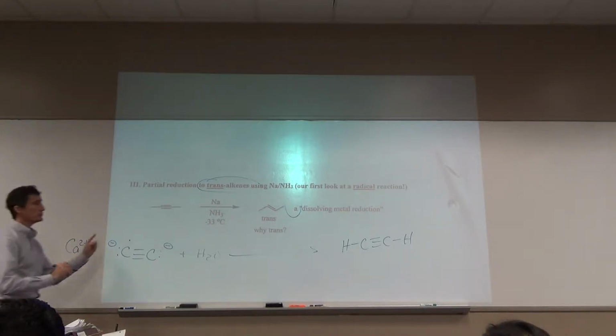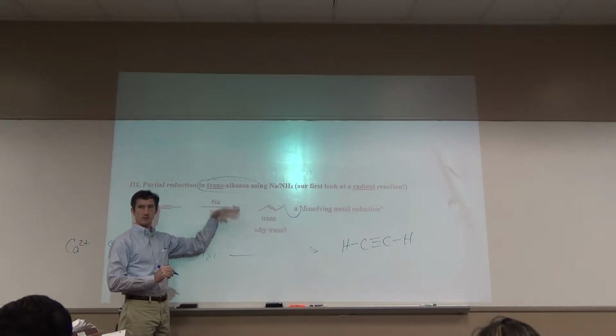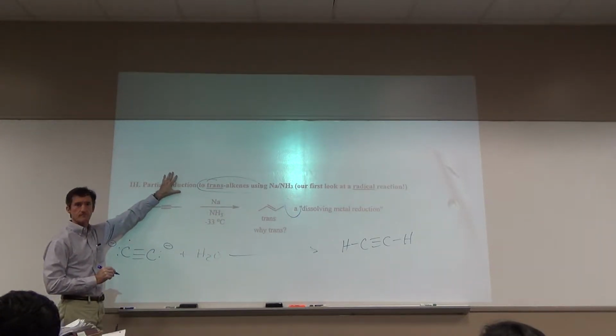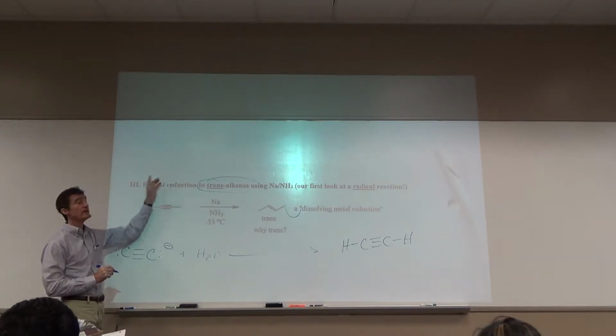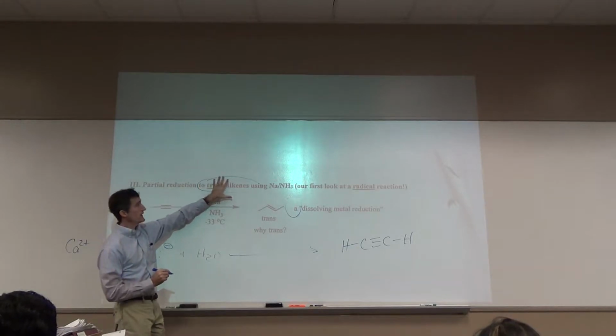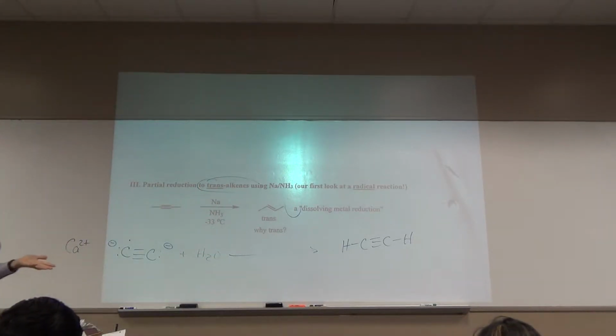Did everybody read this multiple times until you understood what was going to happen below? For example, do you know it's a partial reduction? Because I think that's hugely important. That's why I listed this stuff in bold. Trans alkenes. You've got to know what we're making. You want to remember it, and when somebody ever talks about it, that's a note card.